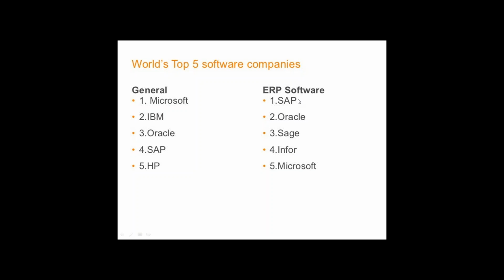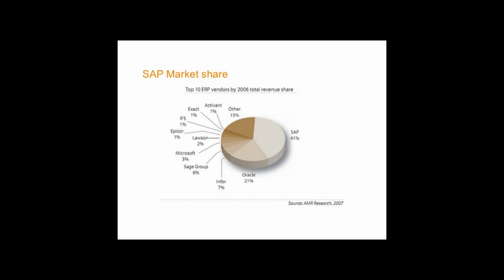So all are ERPs only, but in all ERPs, SAP is the leader all over the globe. So there must be some advantage which is not there in other ERP softwares that makes SAP leader in the markets. Okay. Now let me take you to the SAP.